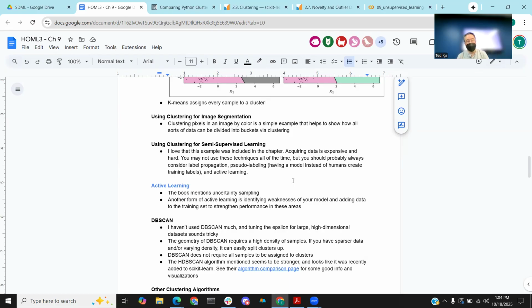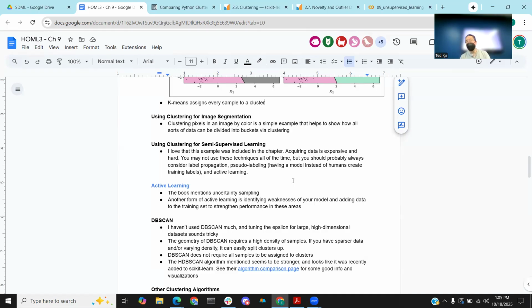There's another technique which doesn't involve clustering, but pseudo labeling, where you can have a model that does the labeling for you. I'm not going to go into all the details, but there are different techniques where you can use confidence or other things. Then active learning was also mentioned, and the book mentions uncertainty sampling for active learning.